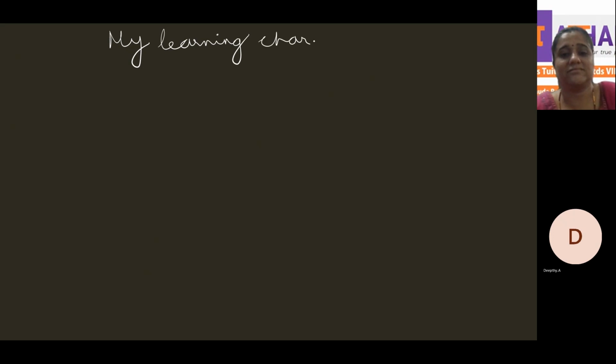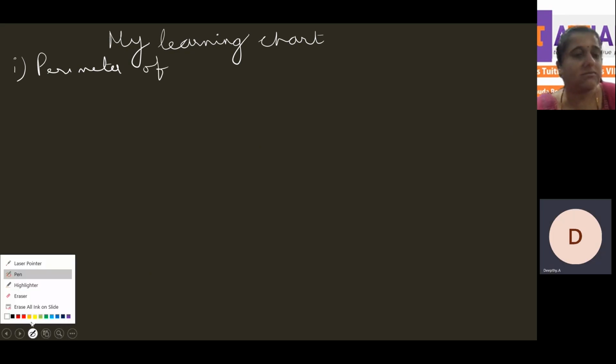Ready? Okay, so let's see, what have you learned? How do you find the perimeter of a square? And the perimeter of a rectangle?